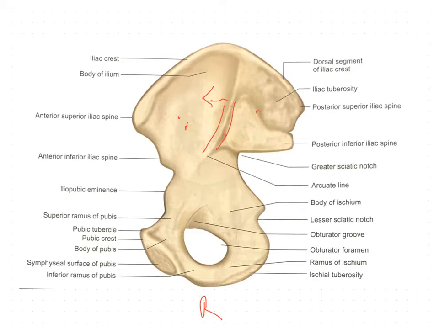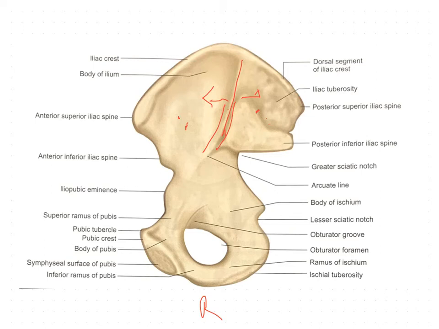Now coming to the sacropelvic surface. Here we can see the sacropelvic surface. It is an uneven area on the inner surface of the ilium, situated behind the medial border, and it is subdivided into 3 parts.